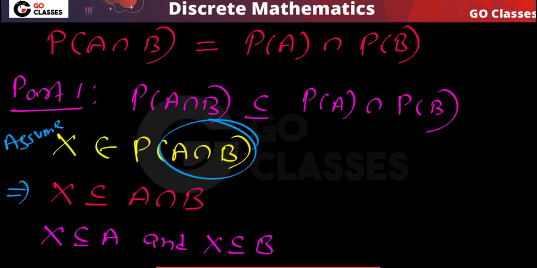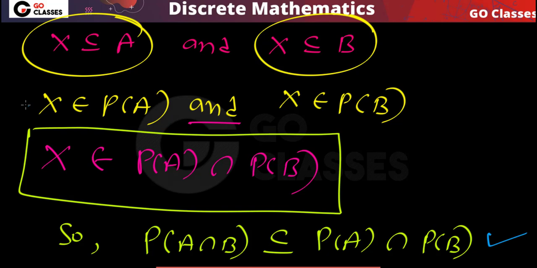It means x is a subset of A intersection B. And from this I can say x is a subset of A and x is a subset of B. x is a subset of A means x belongs to P(A). x is a subset of B means x belongs to P(B). x belongs to both, it means x is common. I can say x belongs to their intersection because x is common in this set and in this set. So finally, this is the proof.